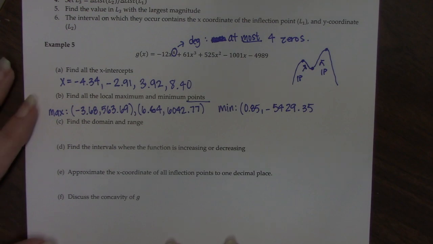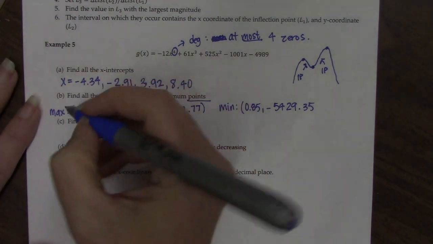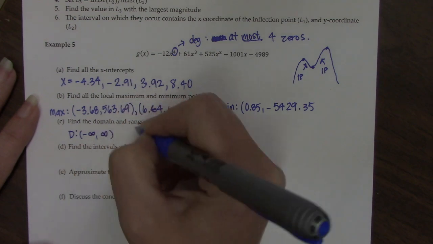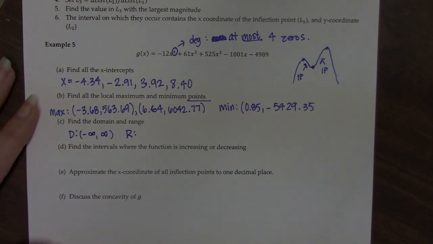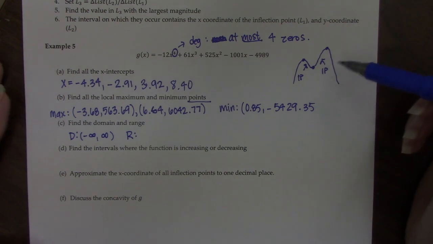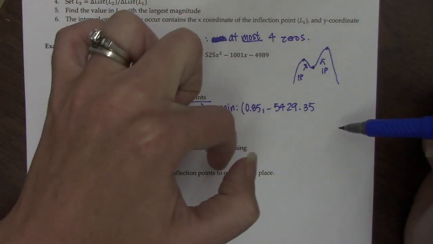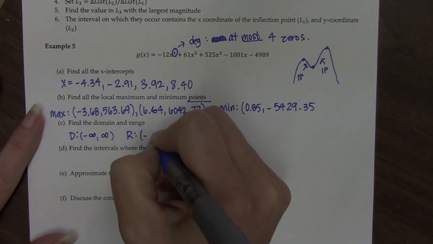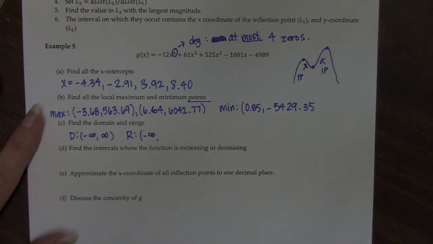So we want to determine the domain and range of this function. So the domain of any polynomial is all real numbers. But the range for this one is actually not too bad. So we can see that the graph's going down to negative infinity. So if I'm reading it from the bottom to the top, right, we start at negative infinity for the y values.